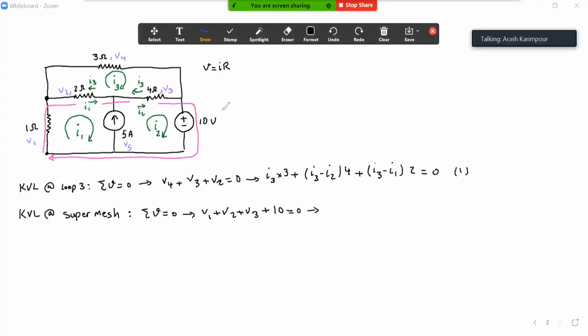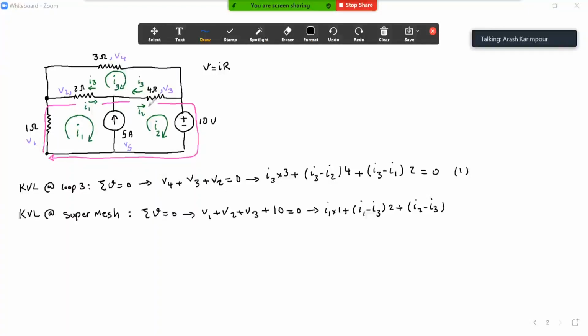Then if I use Ohm's law and replace all the voltages with IR, for the very first one it's going to be I1 times 1 ohm, plus for the V2 it's again I1, because this is the rotation I got, so I1 is in the direction I rotate, so it's I1 minus I3, or inside minus outside, times 2, plus, here for this resistance I have I2 minus I3, because I2 is in the direction I'm rotating and I3 is against the rotation.